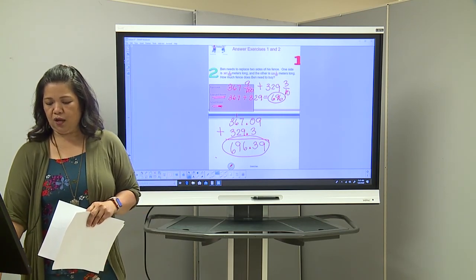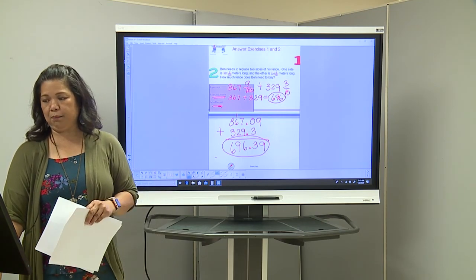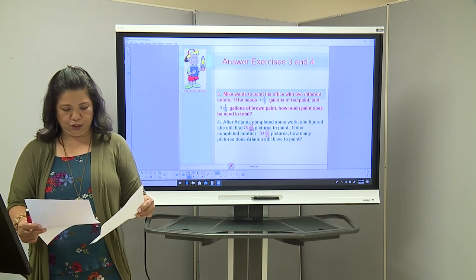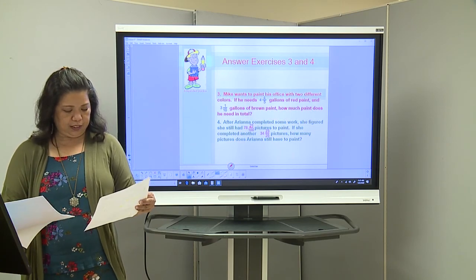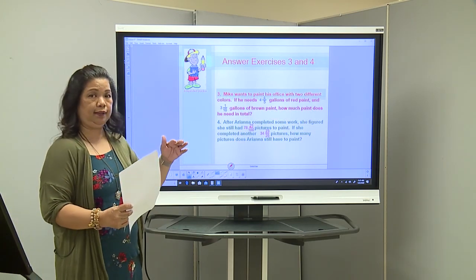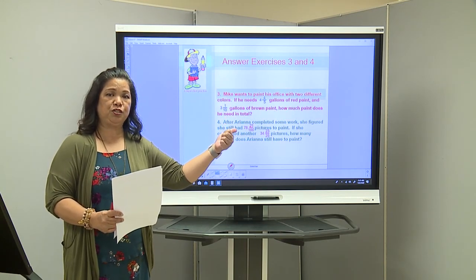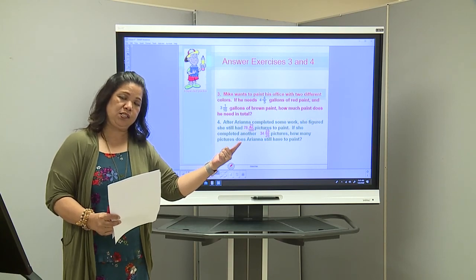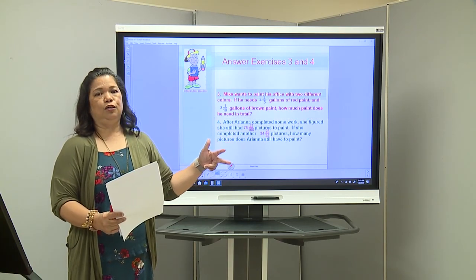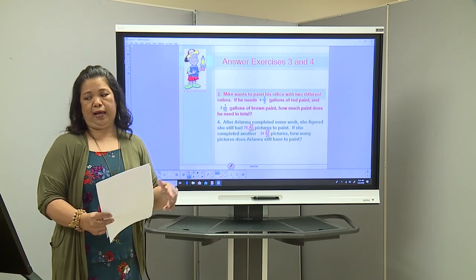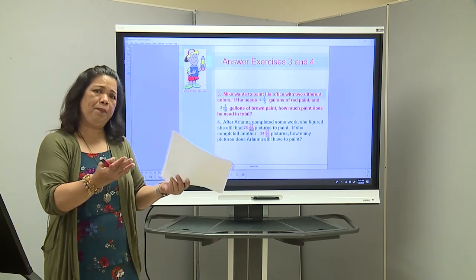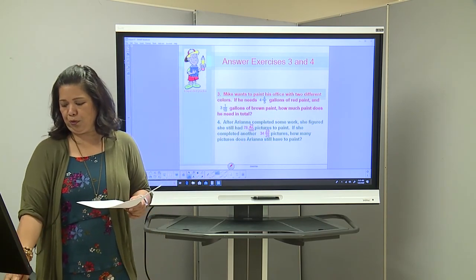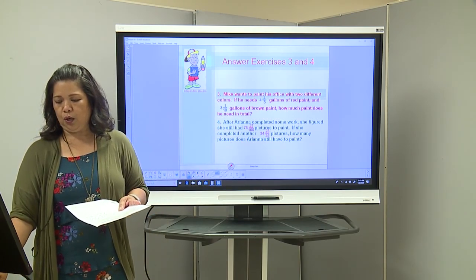So for problems or exercises numbers 3 and 4, I want you to do that on your own, but make sure that you follow the same format where you write the expression first, you estimate the sum or the difference, and then you show your work for your actual answer, and then compare your estimated answer to your actual answer and see if your answer is reasonable or not.